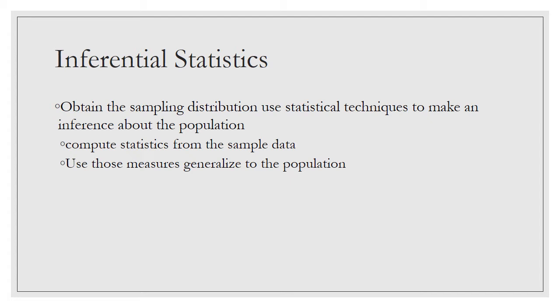The very general idea of making an inference from statistics to parameters is focused on obtaining the sampling distribution, which uses statistical techniques to make an inference about the population. So you can think of it, we compute a statistic from the sample data. So we gather data, we compute a statistic, and then we use those measures to generalize to the population.